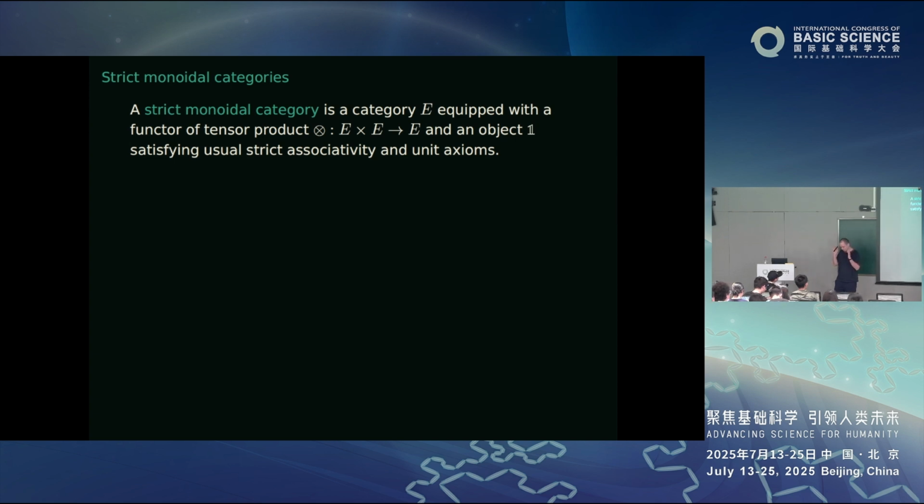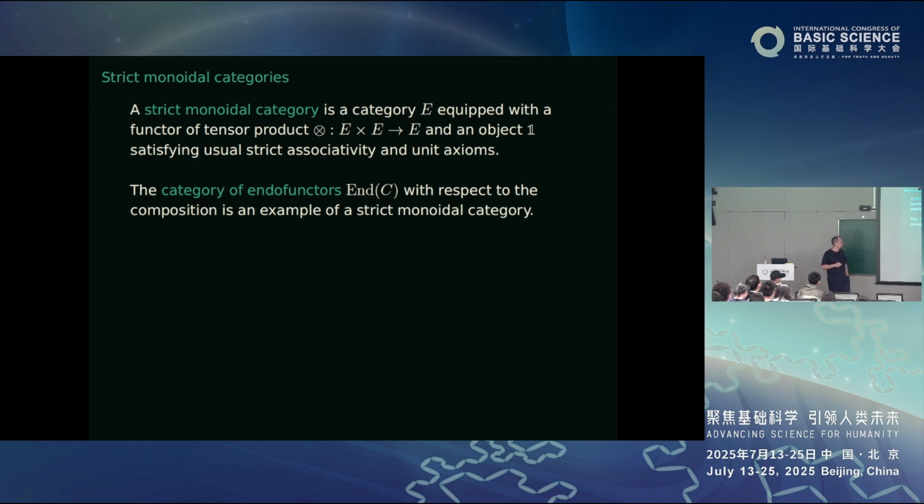I will start by introducing the notion of strict monoidal category. A strict monoidal category is just a category equipped with some functor of tensor product, which is strictly associative without any isomorphisms, just a strict equation, and strictly unital. Usually, people consider monoidal categories, which are more general, where associativity is only up to isomorphism, but we don't need them, because the main example for us will be the category of endofunctors of some category.